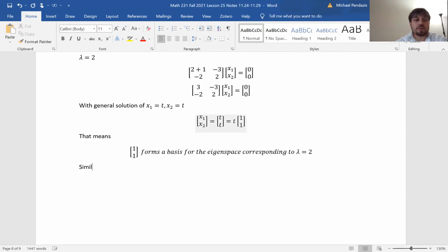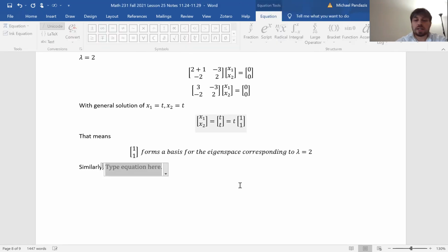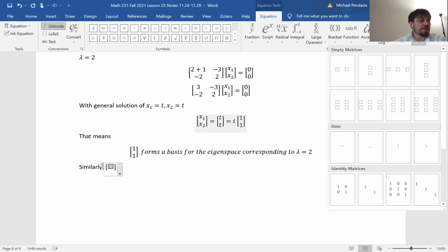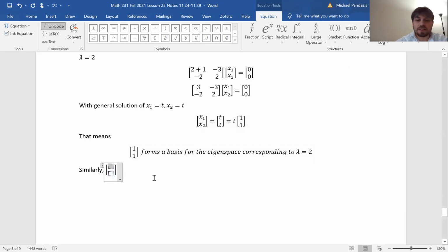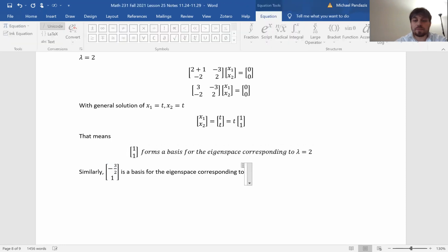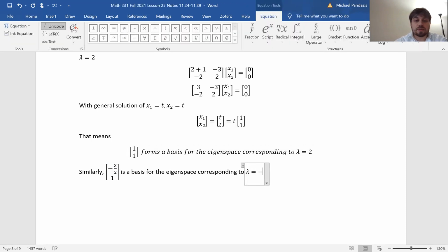Similarly, you can do the same procedure for lambda equals -3, and you get that -3/2, 1 is a basis for the eigenspace corresponding to lambda equals -3.